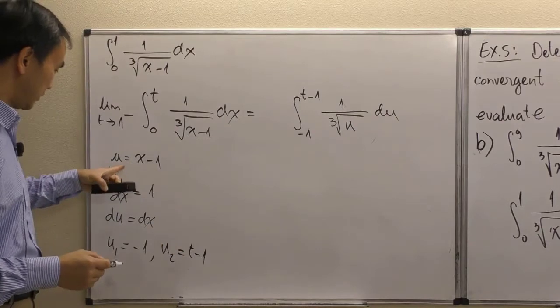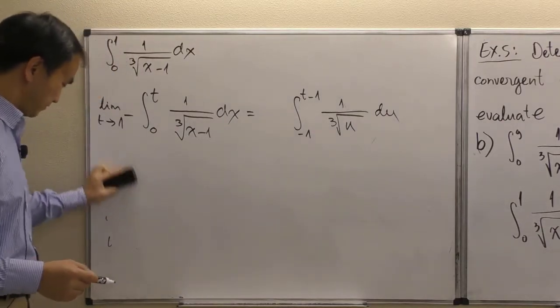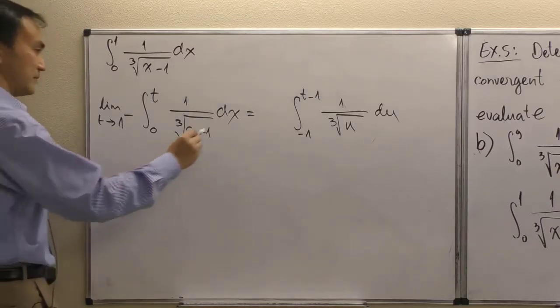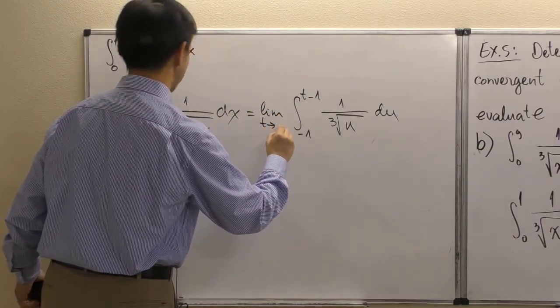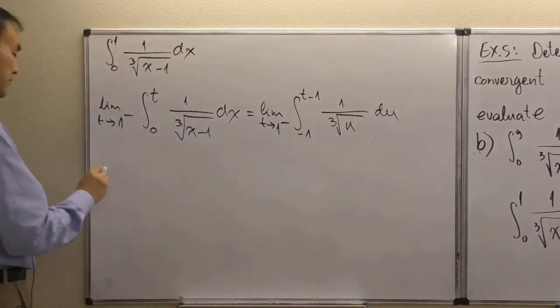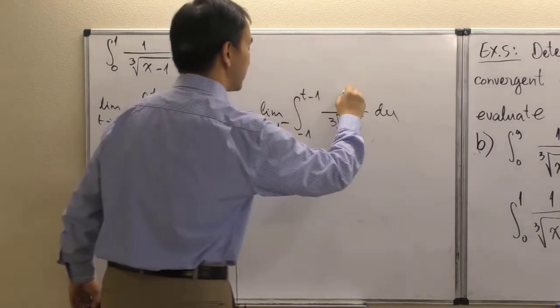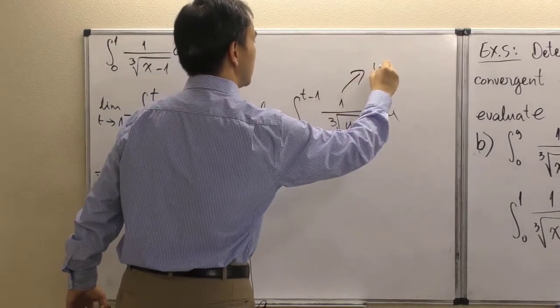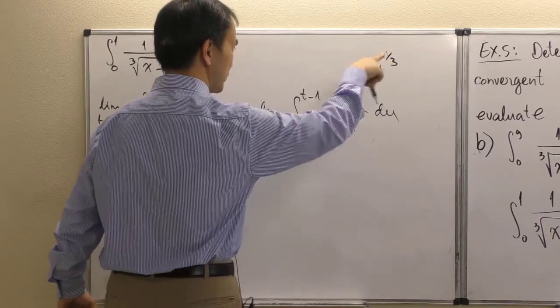Allow me to erase this small work right there. The problem is a limit problem, getting to 1 from the left-hand side. I'm seeing the integrand as u to the negative 1/3 power.